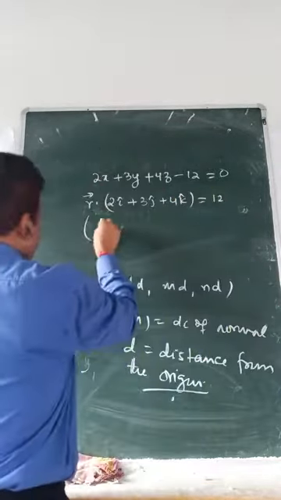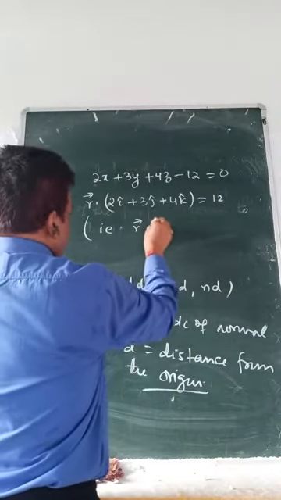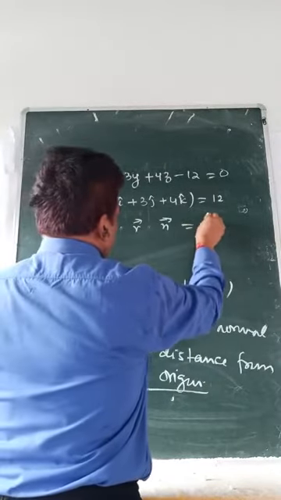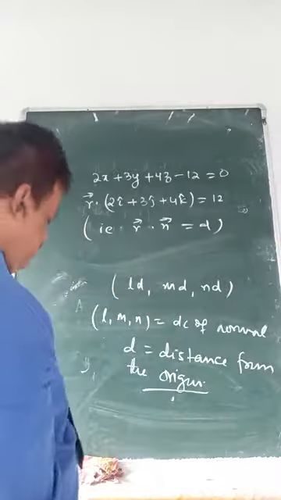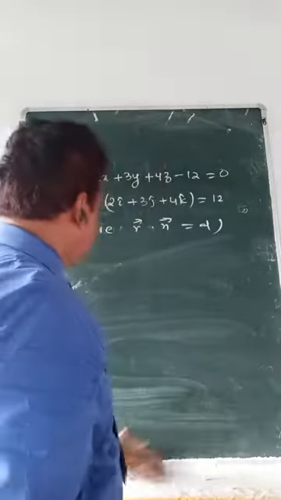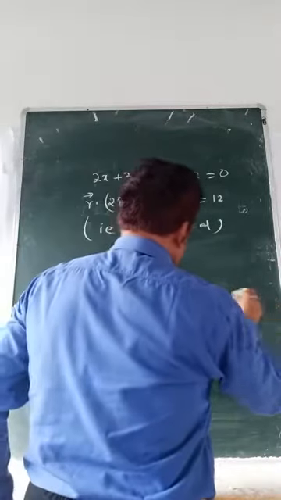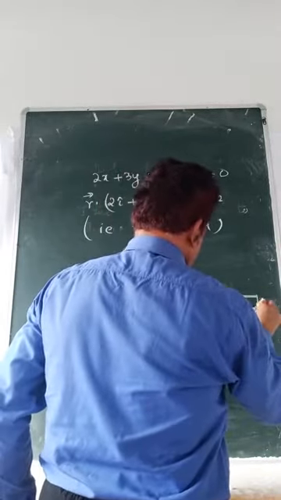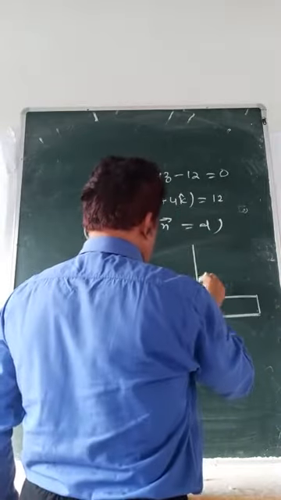Which form? That is r dot n equals d form. Okay, now once more I am going to explain it to you. This is your n.